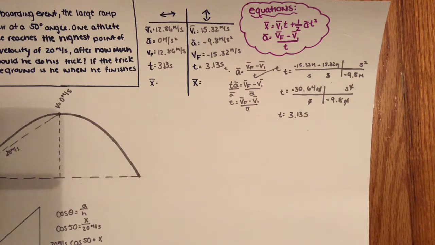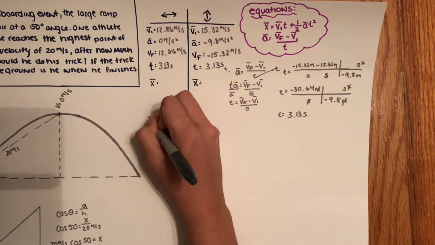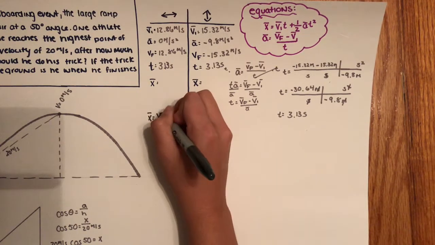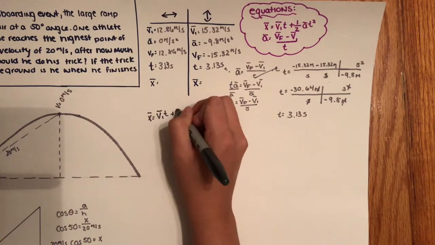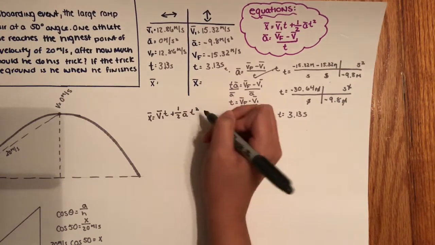Now the equation we're going to use for this one is the displacement equation, which again is displacement is equal to vertical initial velocity times time plus half the acceleration times time squared.